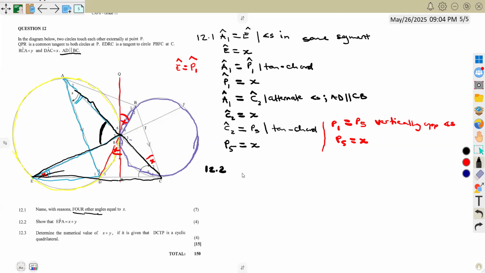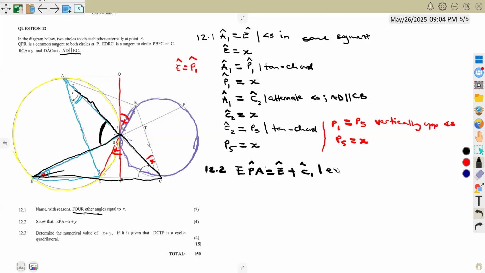So we can say P7, which is EPA, we can conclude that EPA must be equal to angle E plus the angle C1. Why?